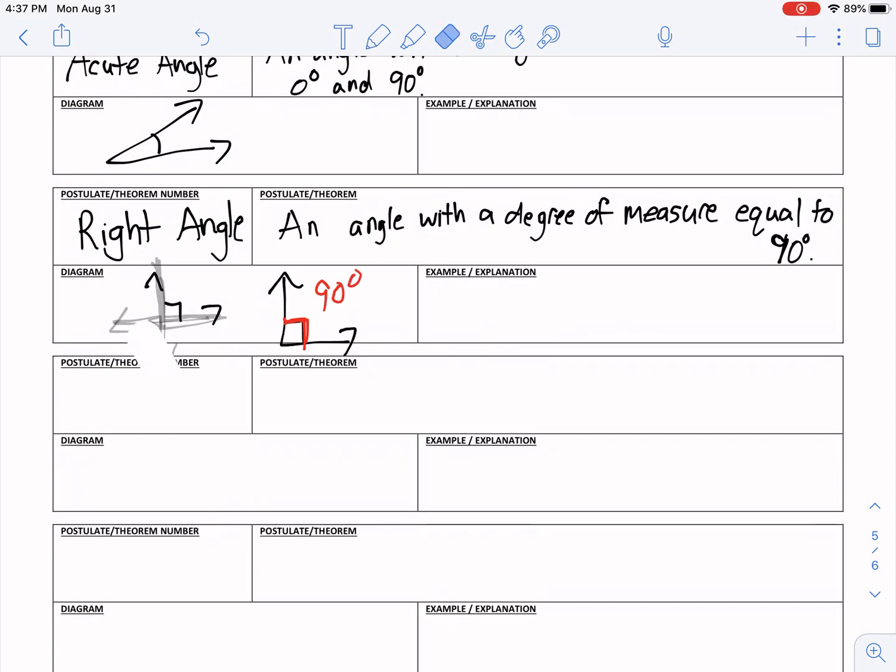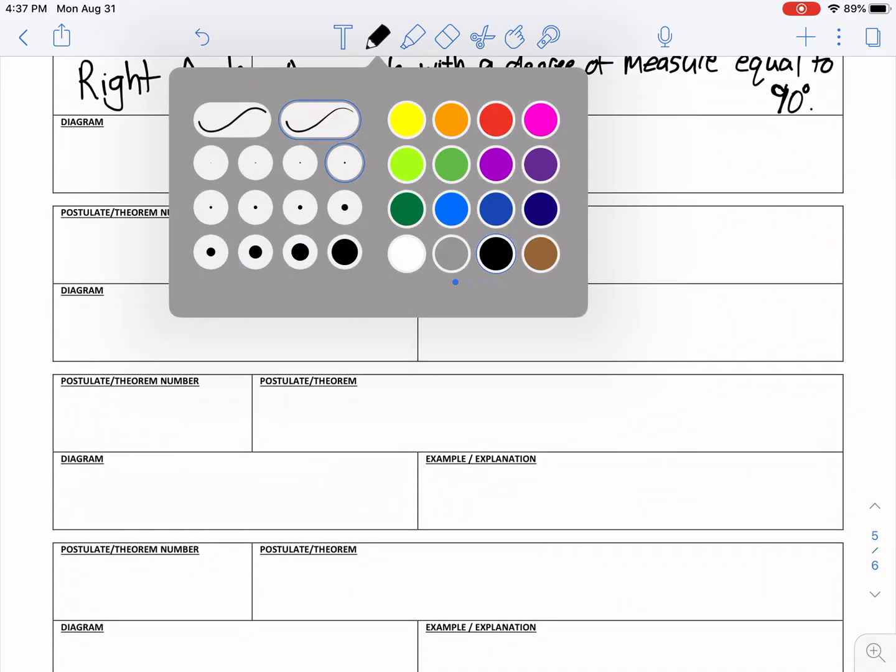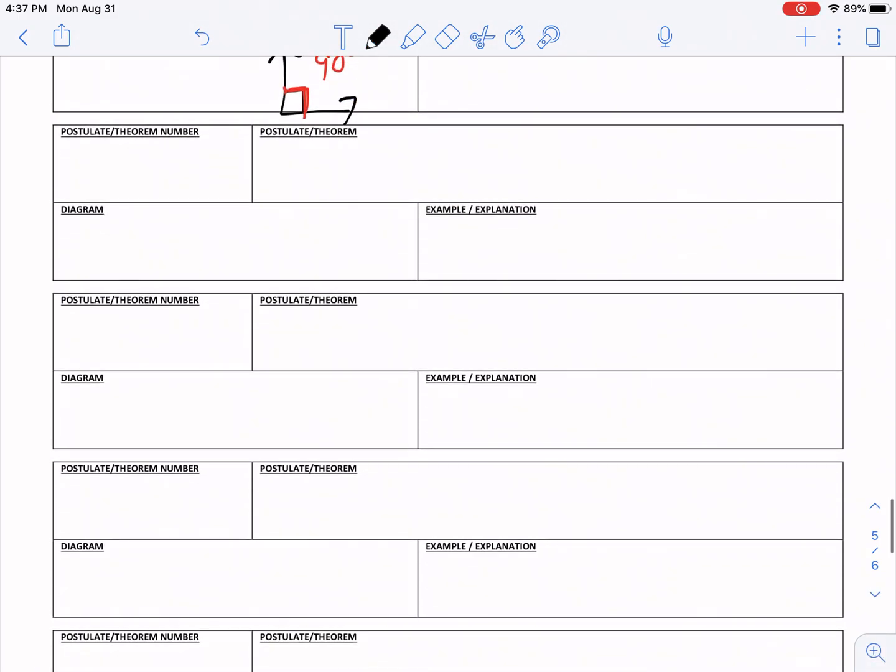Now, the other type of angle that we could run into, let's go back to black, there we go, is an obtuse angle.